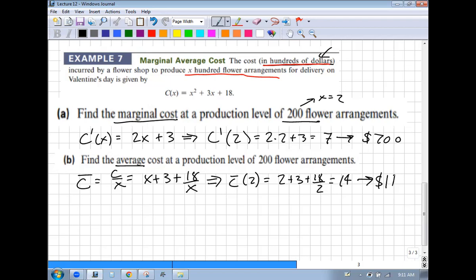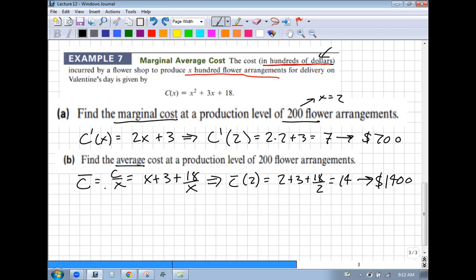That's really 1400. All right, so that means the average cost per 100 flower arrangements is 1400 if you've made 200 flower arrangements.